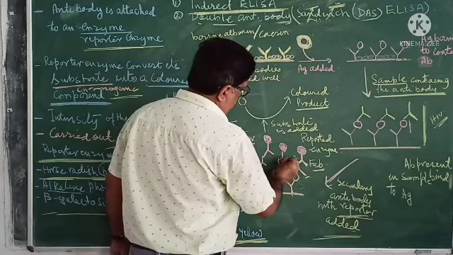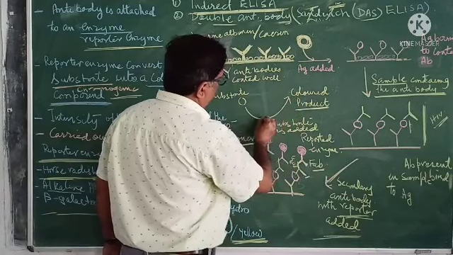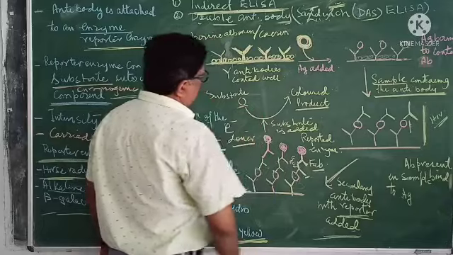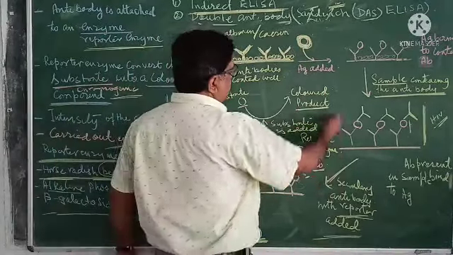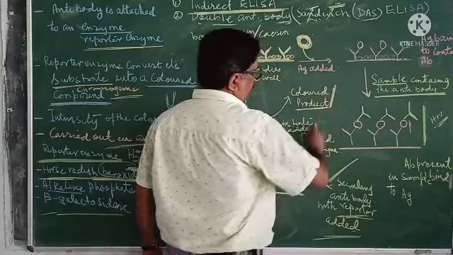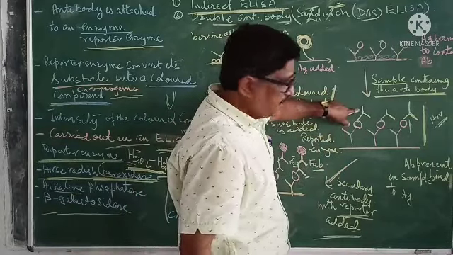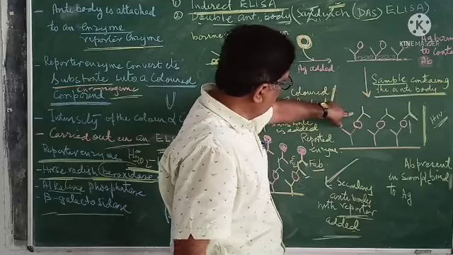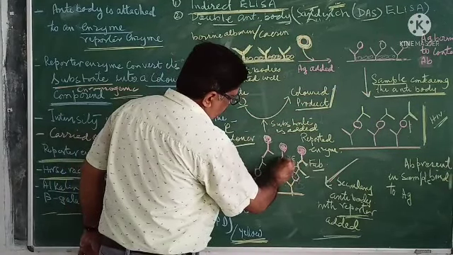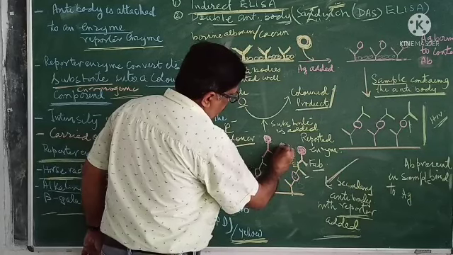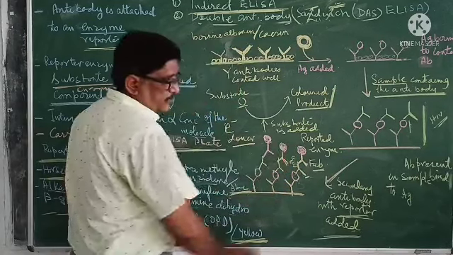Again it is washed, and after that the substrate is added, colored product is formed, and presence of colored product will give the idea about the antibodies, because only to these antibodies are the enzyme antibodies attached, which form colored product.